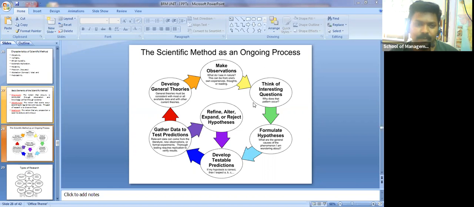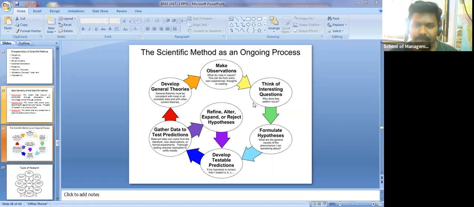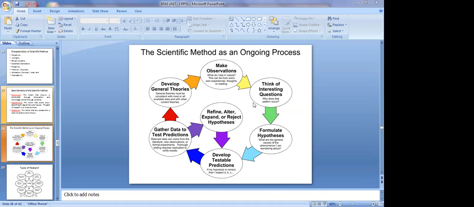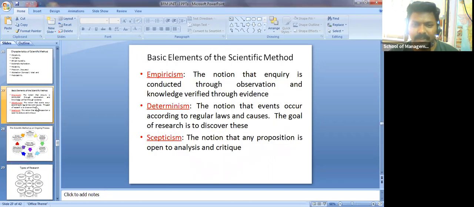So let me ask you a few questions. What is empiricism? Observation, inquiry of observation, knowing the knowledge through evidence. Evidence. Okay. So what is determinism?